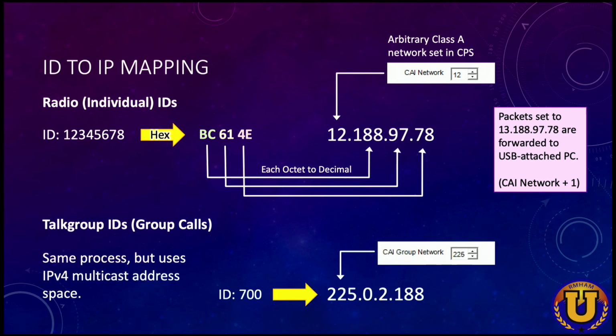For groups, we use IP multicast space. So it's the exact same process where a 24-bit group is mapped into, I believe it's Class D network space. 225 is the default prefix there again. I don't know off the top of my head what prefix that is actually under, if it's in the sort of free use multicast space.